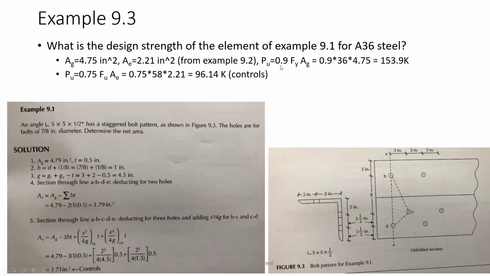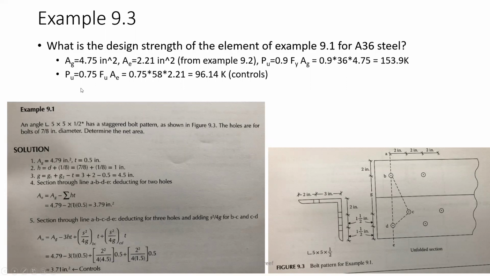the first one is 0.9, which is the yielding at the gross area, times Fy times gross area. So it's 0.9 times 36, Fy, right? The type of steel, 36 times the gross area, which is 4.79 given in the problem statement. And that gives me 15309 kips.